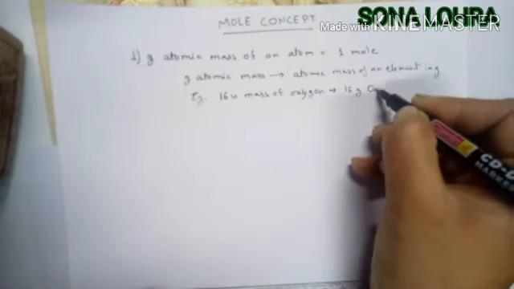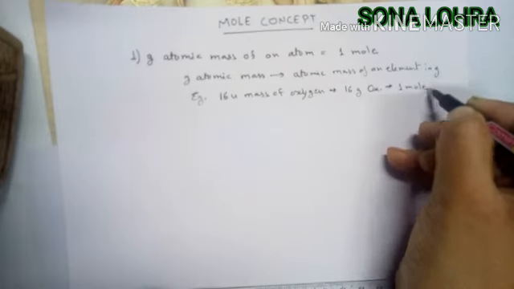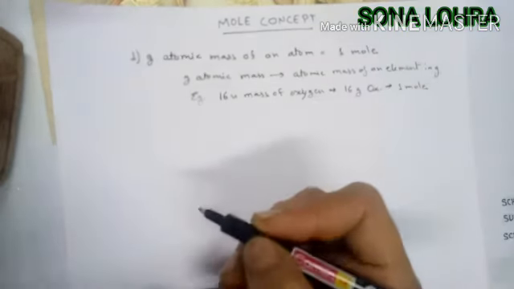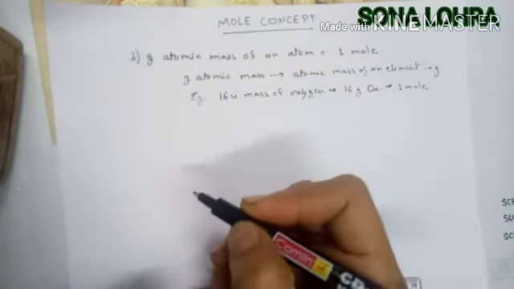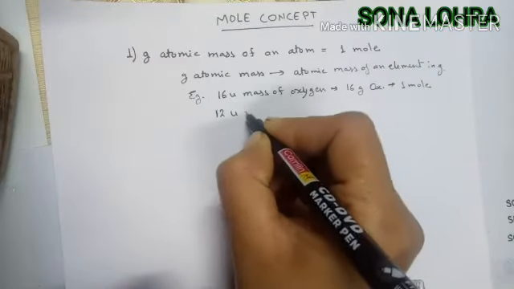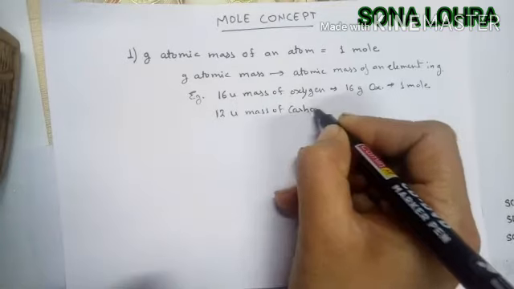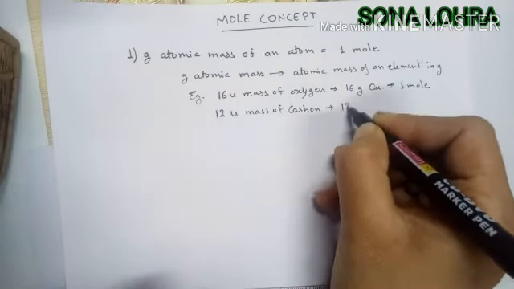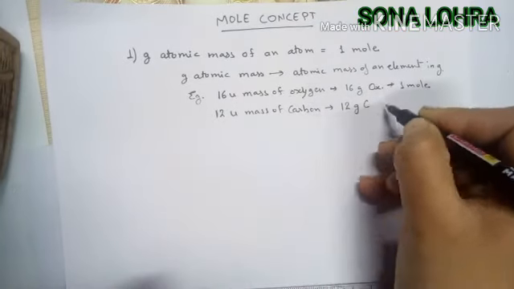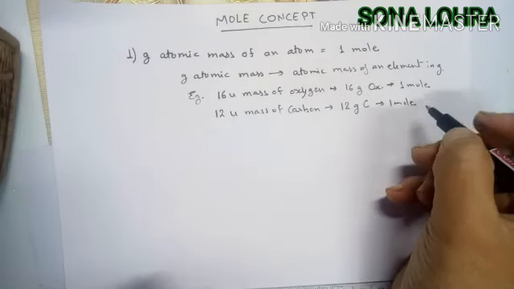Or we can say that 16 grams is the molar mass of oxygen. That is the mass of 1 mole of oxygen. 16 grams is the mass of 1 mole of oxygen, that is molar mass, and we can say that it is equal to 1 mole of oxygen element.